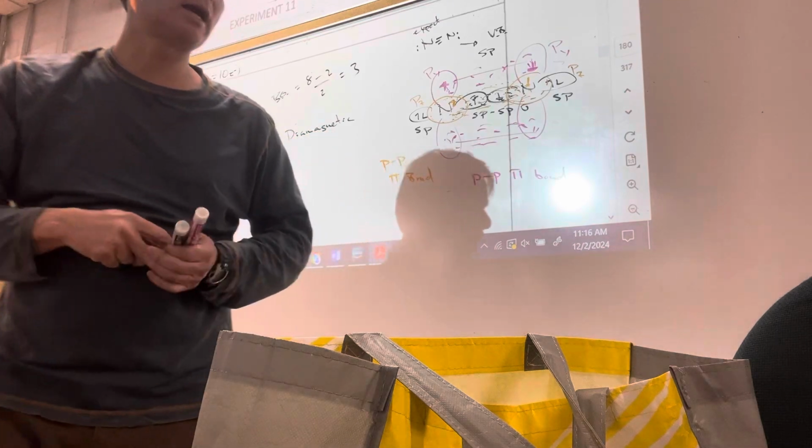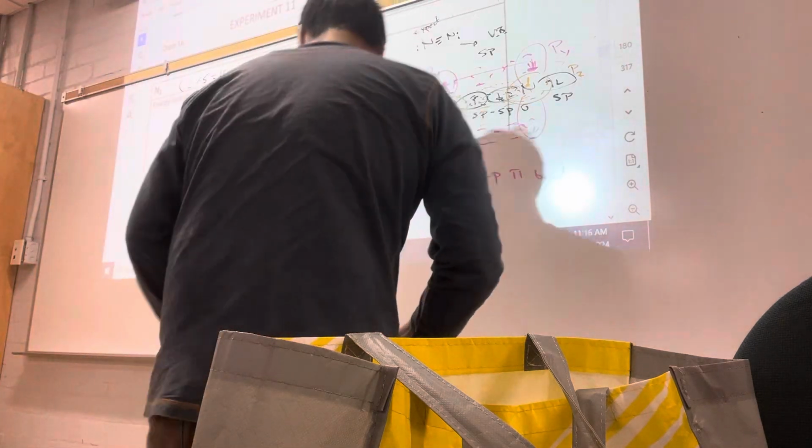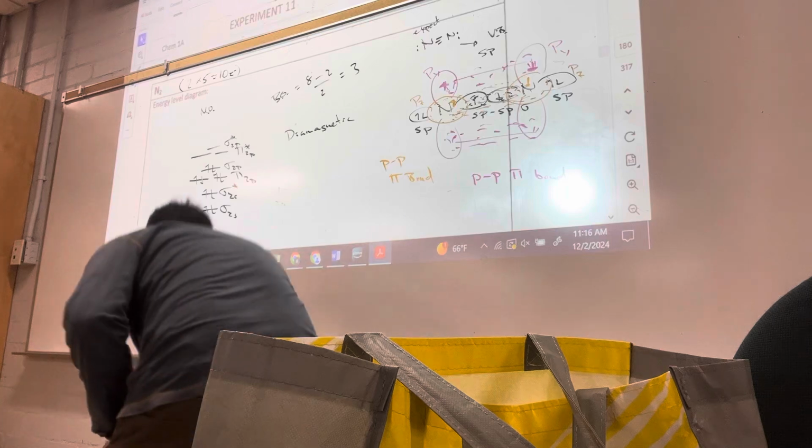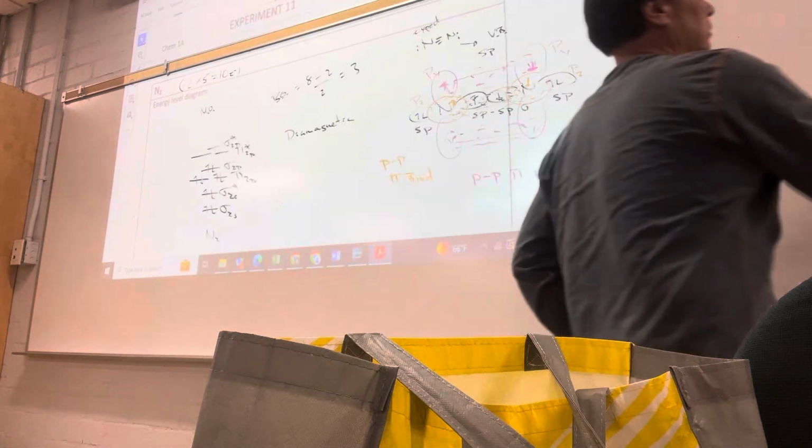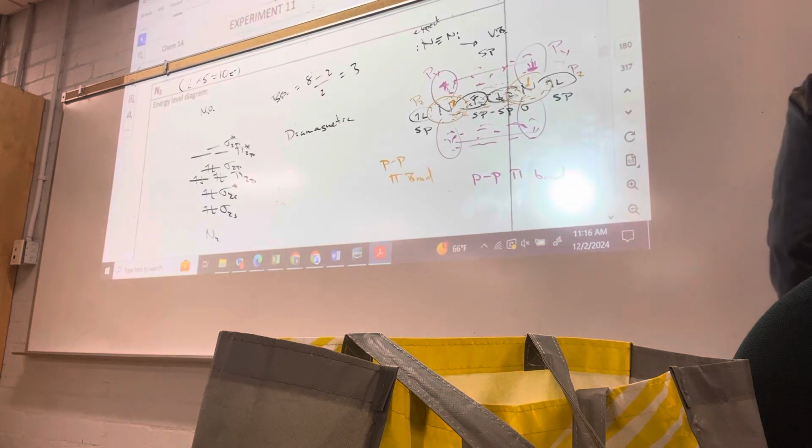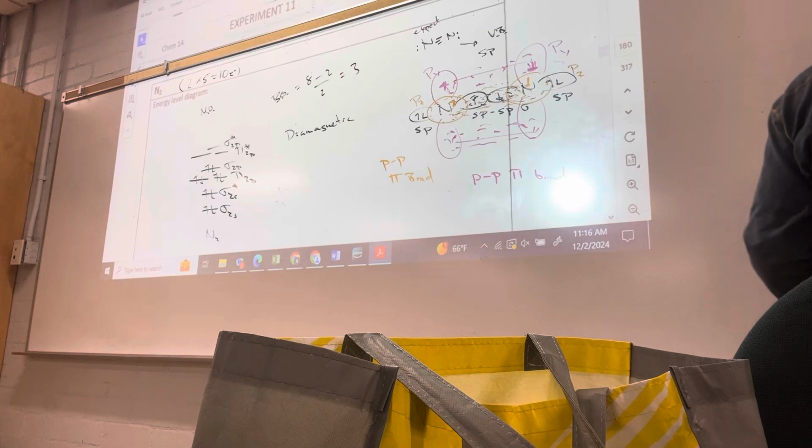How does that compare to MO? Let's take a look at the MO next. So I have my sigma 2s here, and I have 2 electrons in that.